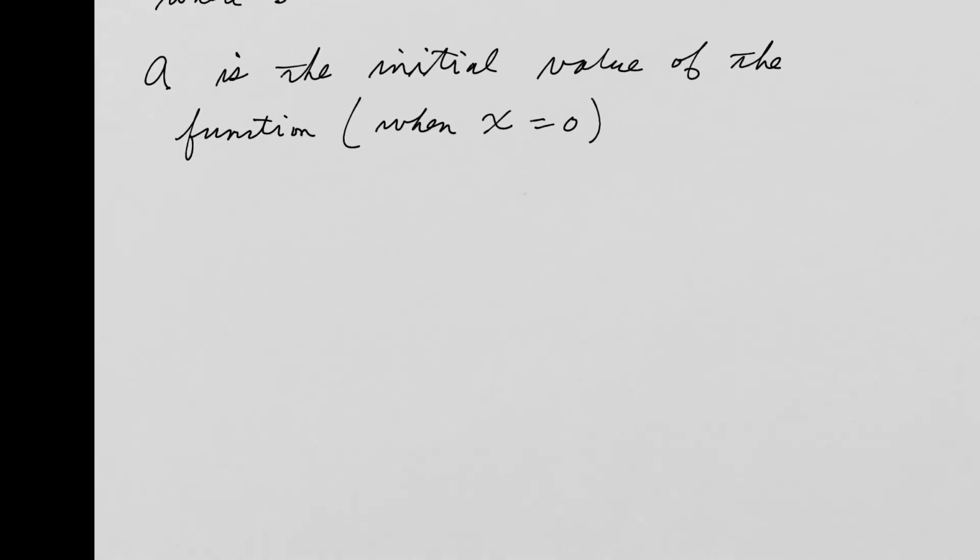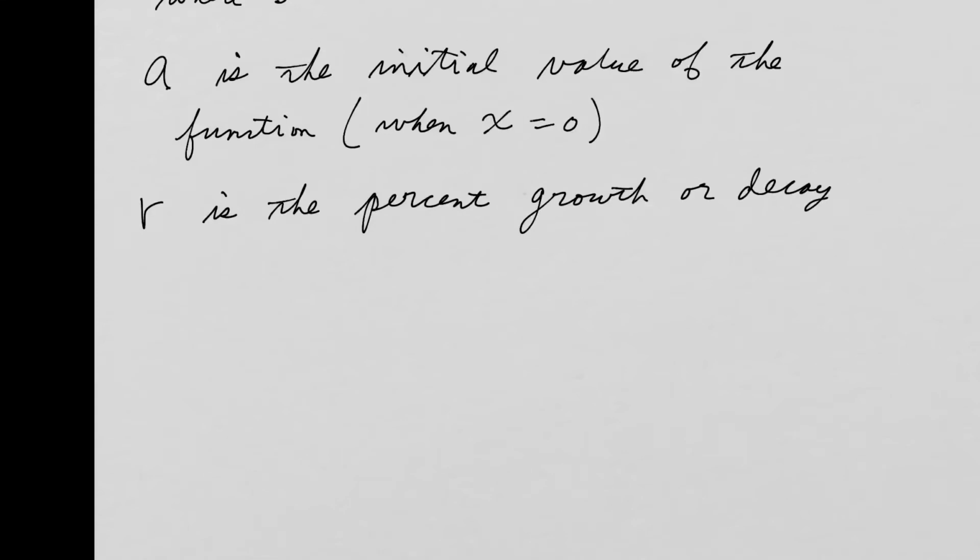r is the percent growth or decay rate. And it's going to be written as a decimal.